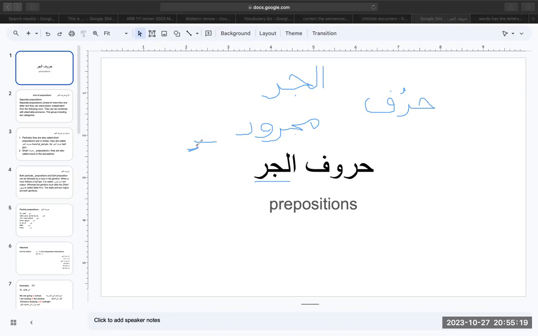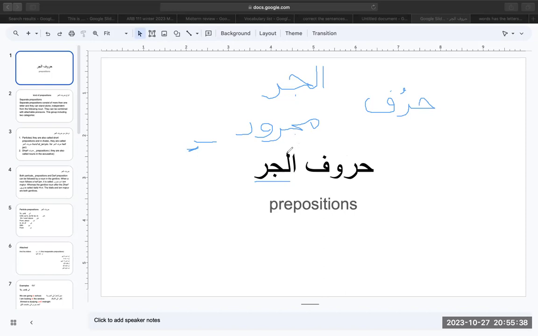So the kasra will be included in the last letter in this noun. So this noun must be preceded by one of these حروف الجر.